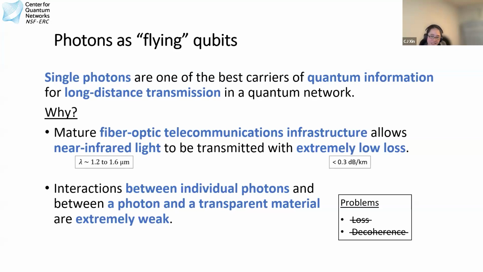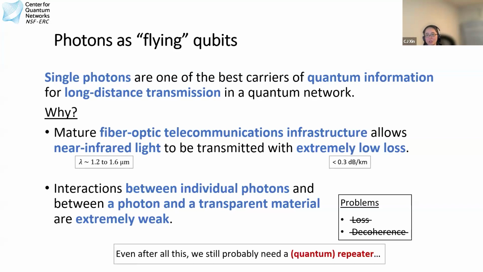And so that takes care of your decoherence at moderate wavelengths and moderate propagation distances. Now, like I said, with loss, you're still losing half of your light over a pretty small number of kilometers. So even after all of this, we probably need a repeater.